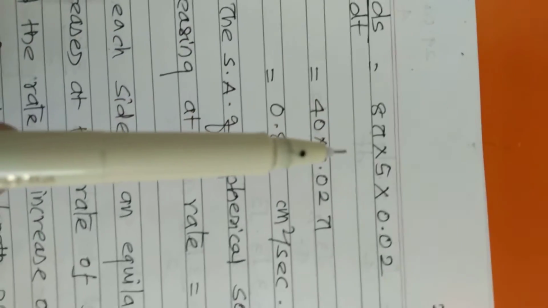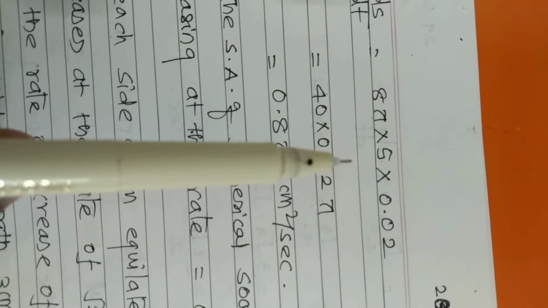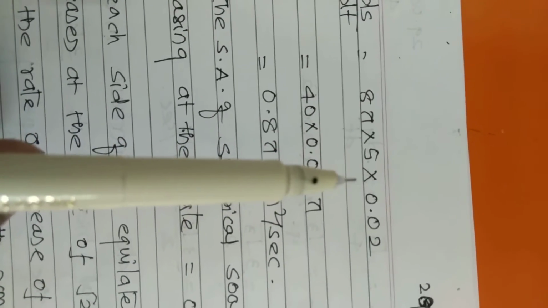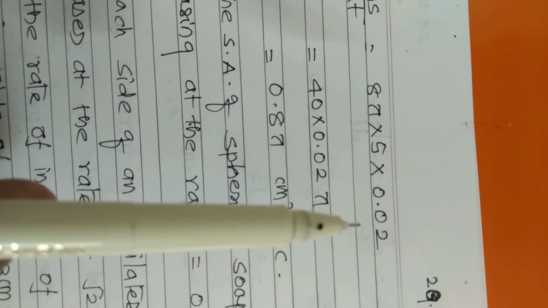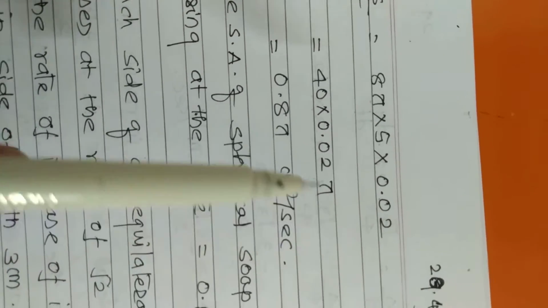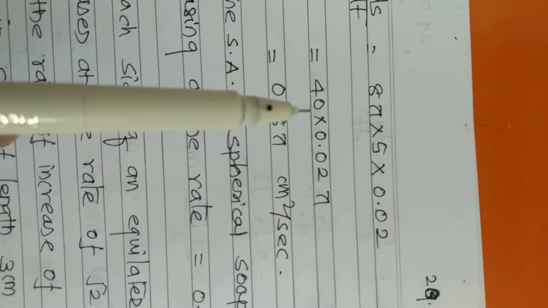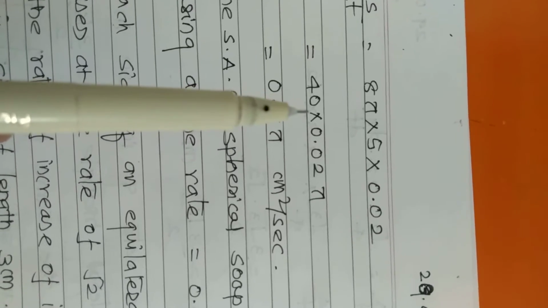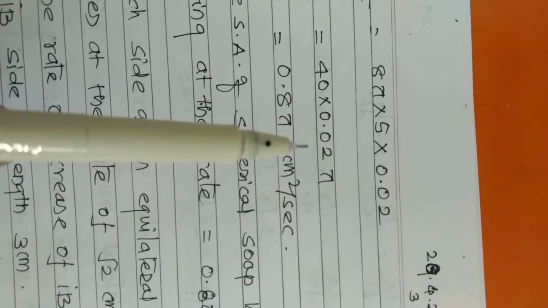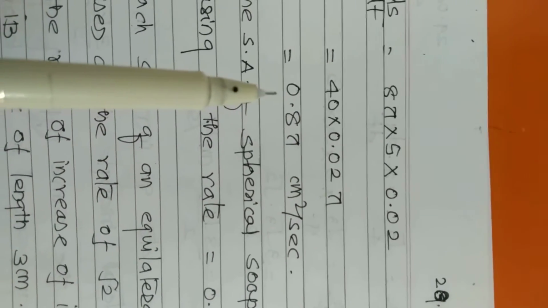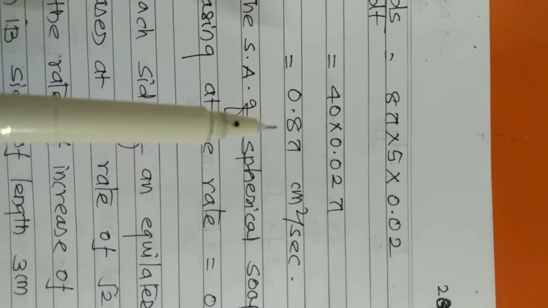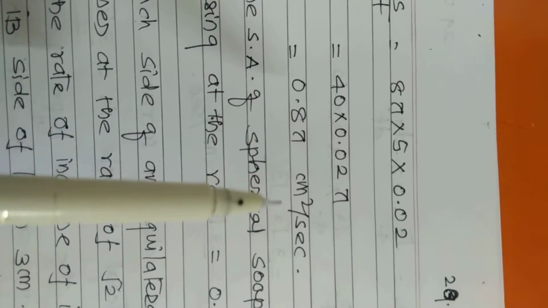So ds by dt equals 8 pi into 5, the value given, multiplied by dr by dt, which is 0.02, also given. So 8 into 5 is 40 multiplied by 0.02 pi. Finally, the product is 0.8 pi centimeter square per second.